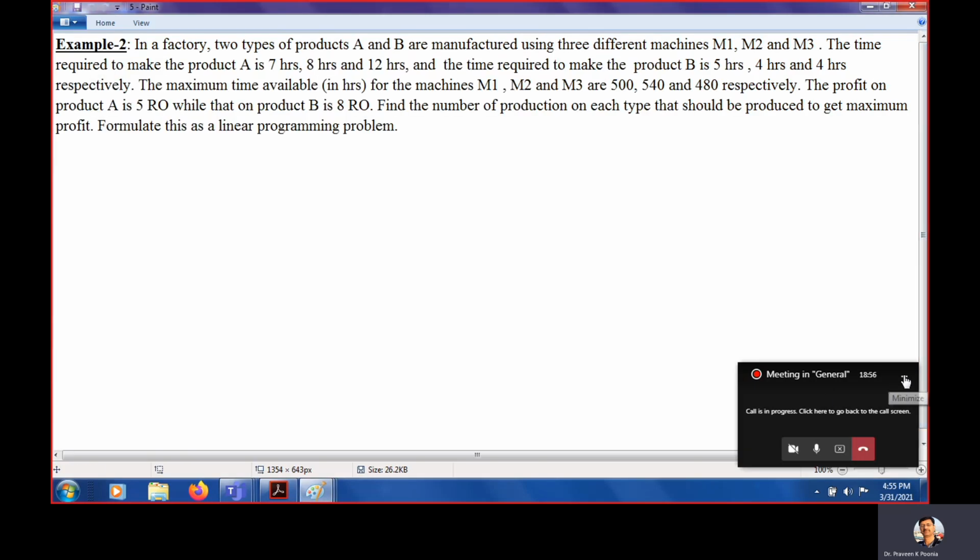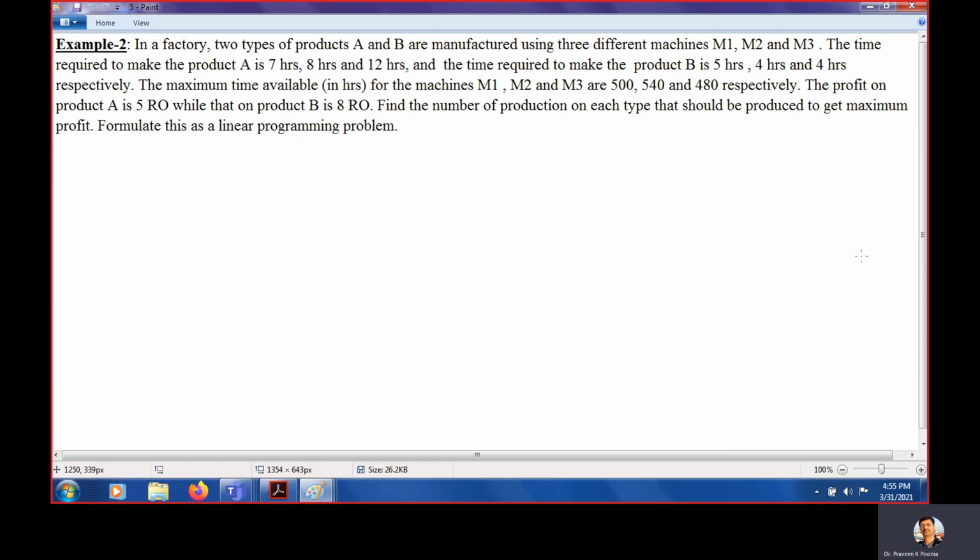In a factory, two types of products A and B are manufactured. And what is the last line? Find the number of production of each type. Means you need to find how many A type of products are manufactured and how many B type of products are manufactured.